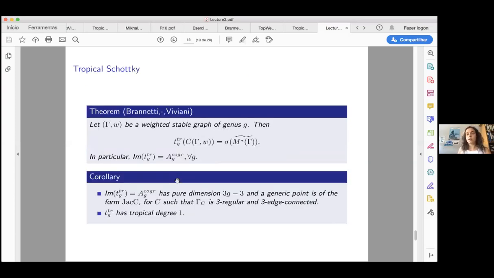And well, this is because now I can state a tropical Schottky theorem. This was again in the same paper together with Silvia Brannetti and Filippo Viviani.